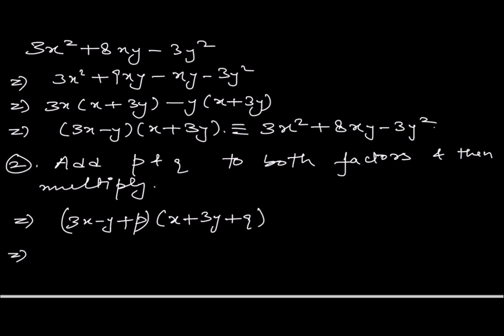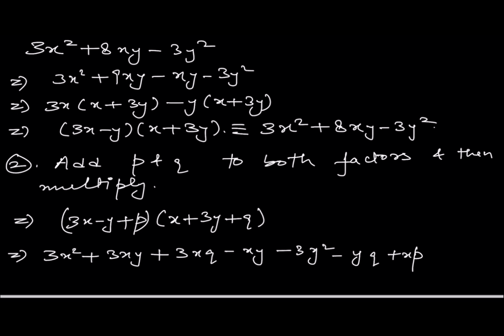So if you will multiply, then what you will get, 3x square plus 9xy minus xy minus 3y square plus xp plus 3yp plus pq, okay.